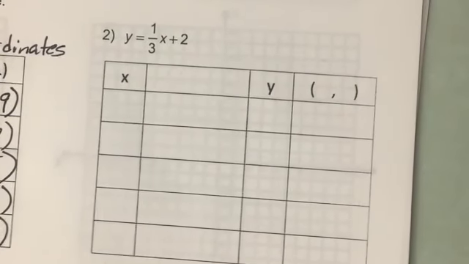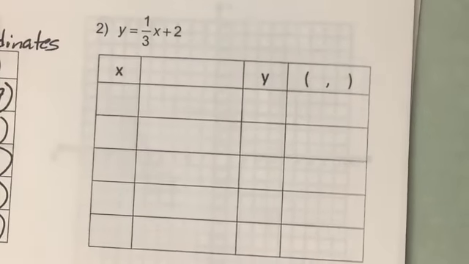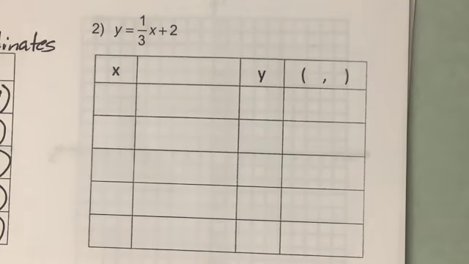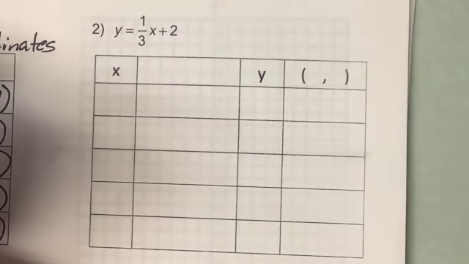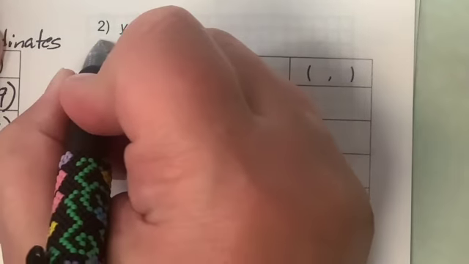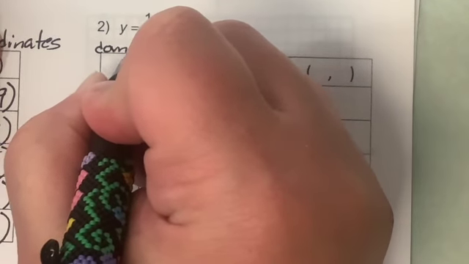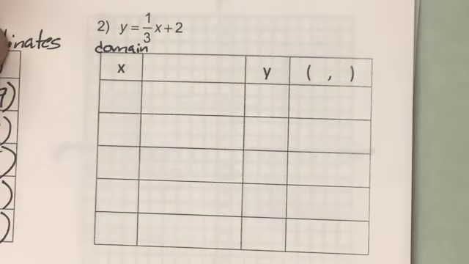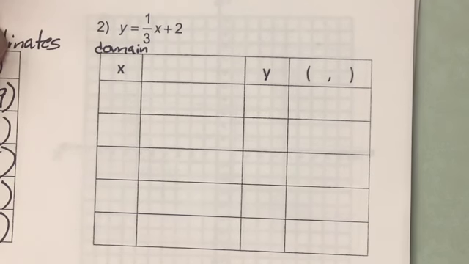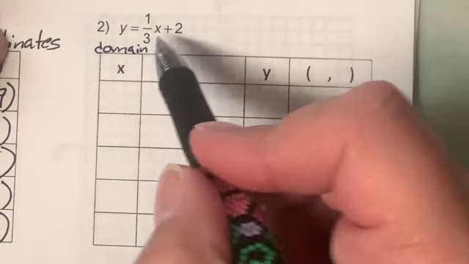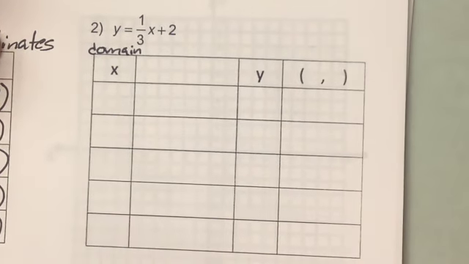Oh no, fractions. So now, when I pick my domain, remember this is the domain. When I pick my domain, I'm going to pick numbers that are multiples of 3. Why? Because 1/3 is the same as dividing by 3.